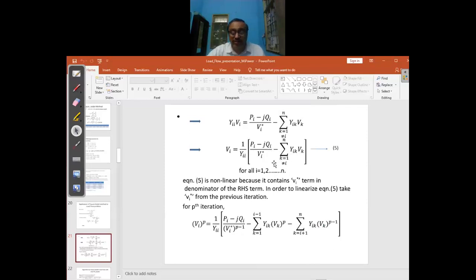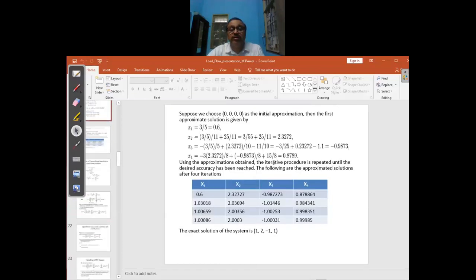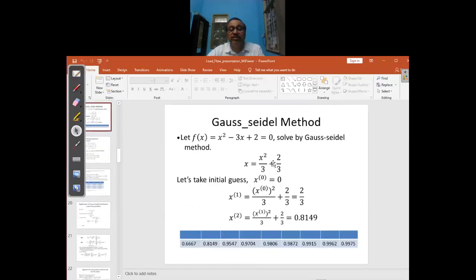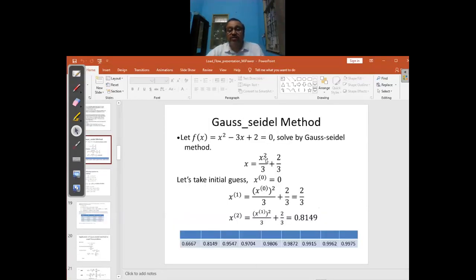So how to solve this? For that, let us understand how to solve the equation by the Gauss-Seidel method. So let us see that this is the function which we want to solve.